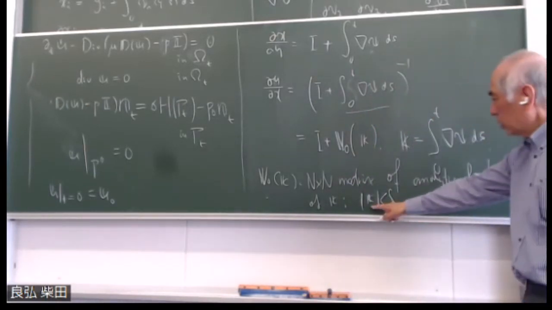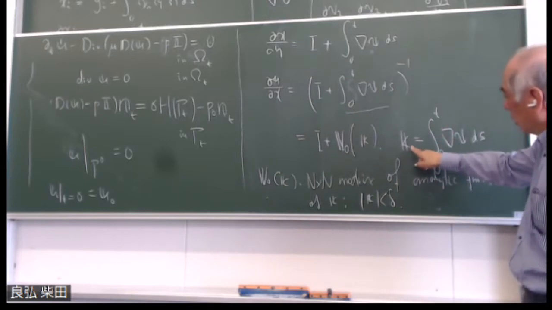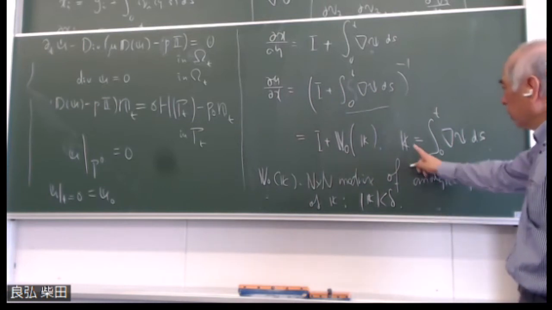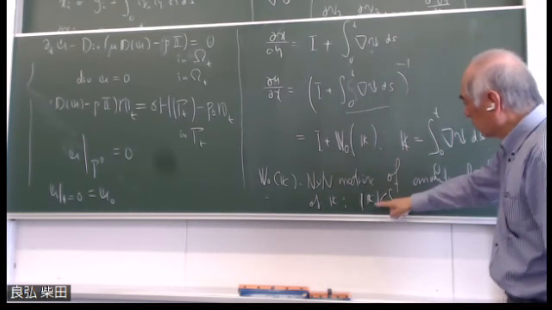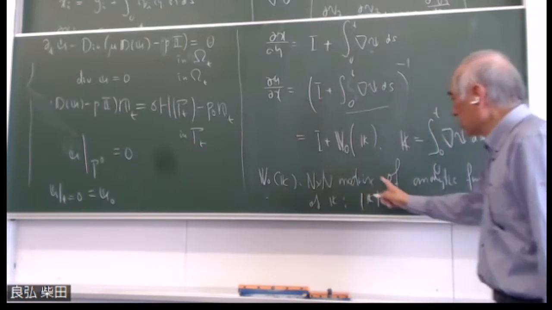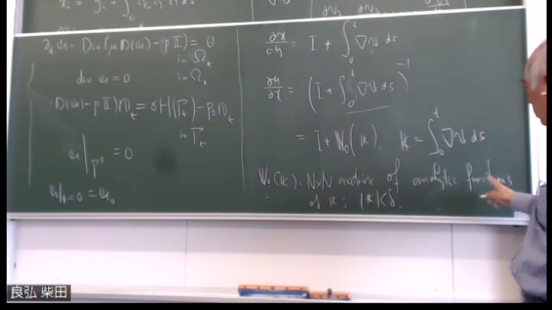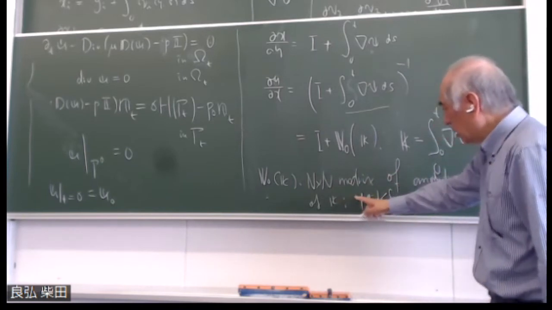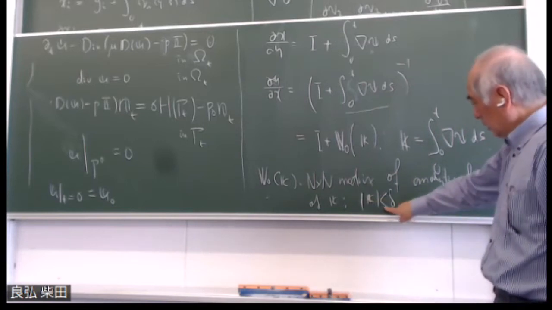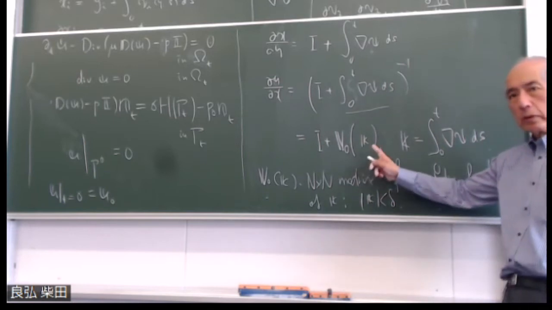So sometimes we consider this as a variable K, but anyway, the definition domain is K less than delta. So B0(K) is an n by n matrix of analytic functions with respect to K, where K is less than delta. You catch this notation.